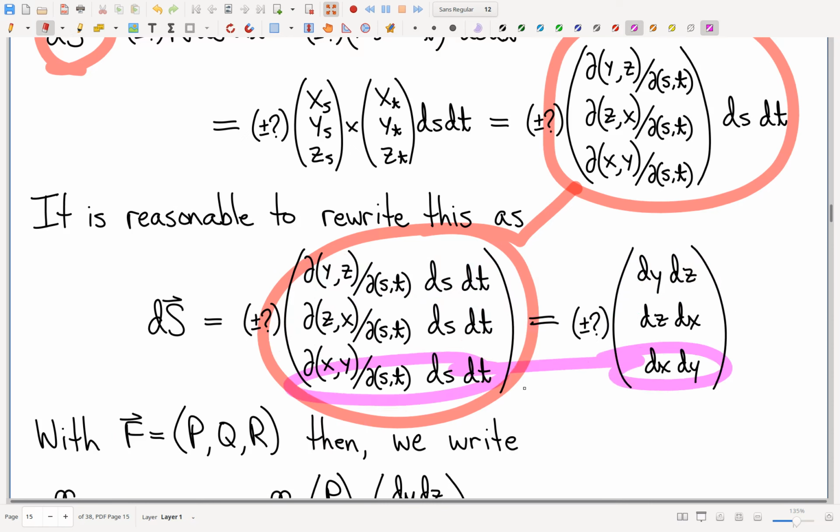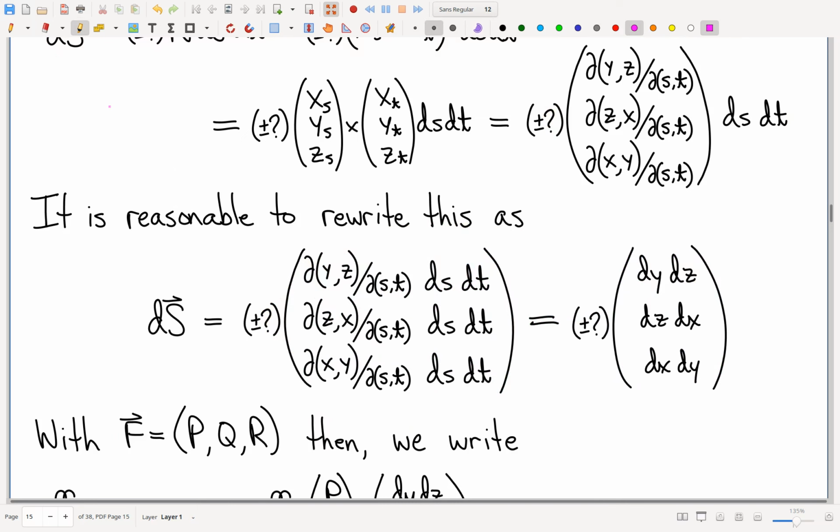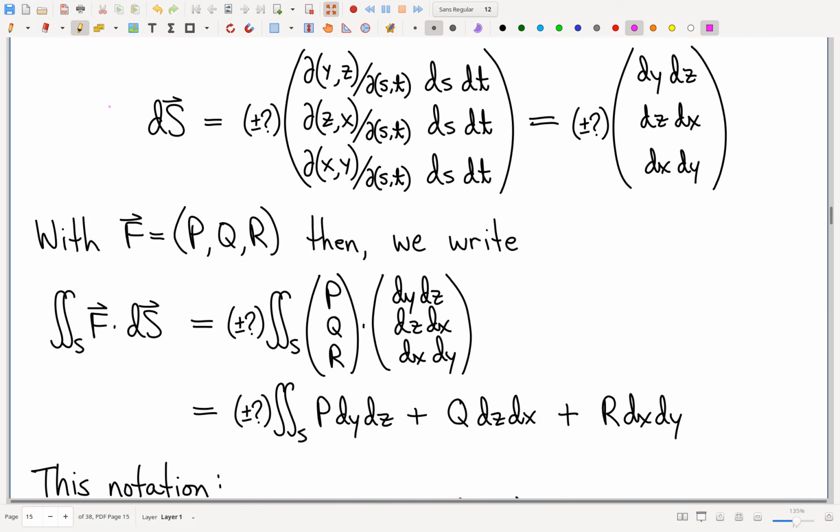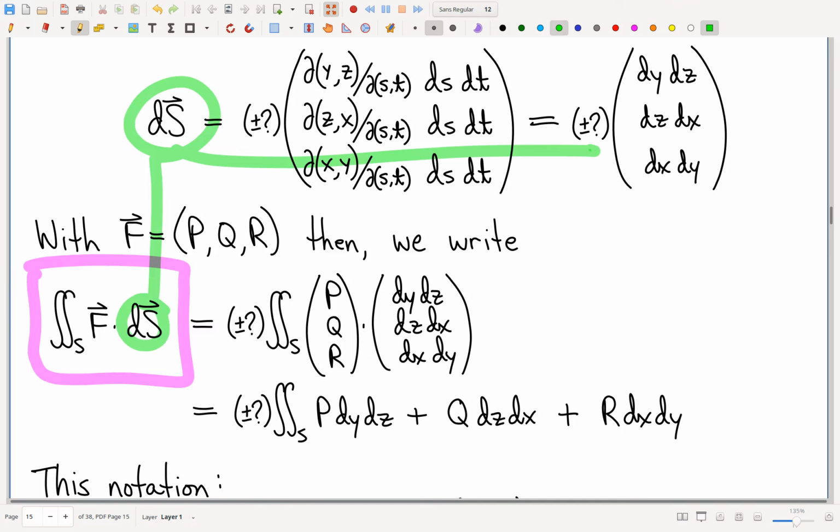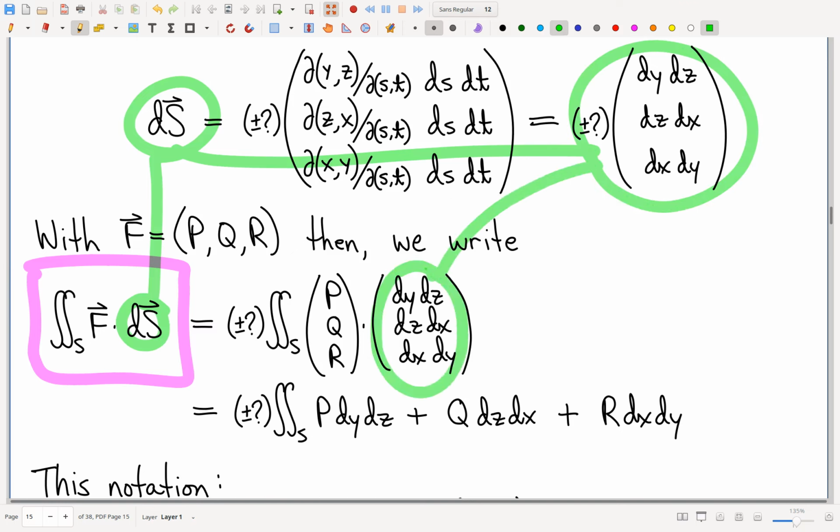So with those notations chosen, we now have a new option for how to write down a vector surface integral, our new toy that we've been playing with since last time. And in particular, ds is that, and F has coordinates P, Q, R, so it's that.